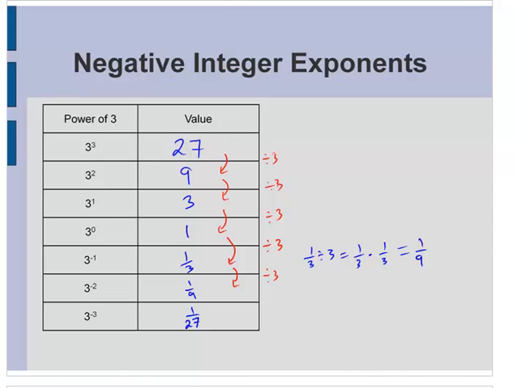So notice that, for example, 3 to the third and 3 to the negative third are reciprocals. Similarly, 3 to the second and 3 to the negative second are reciprocals.